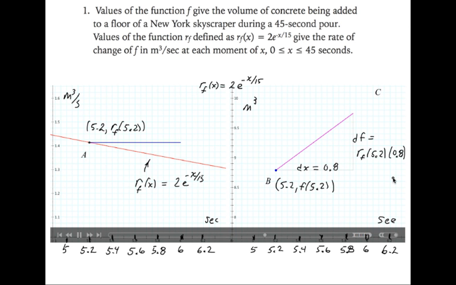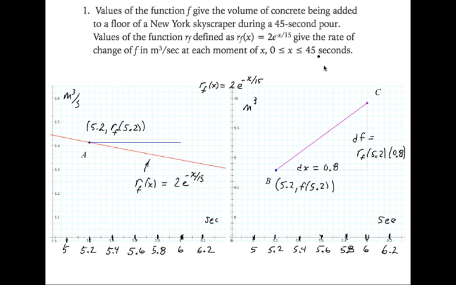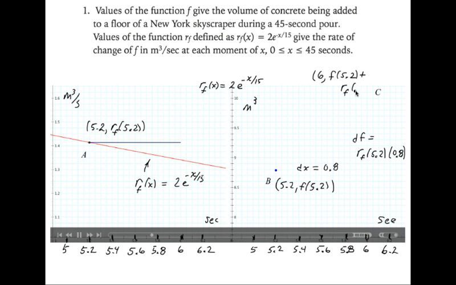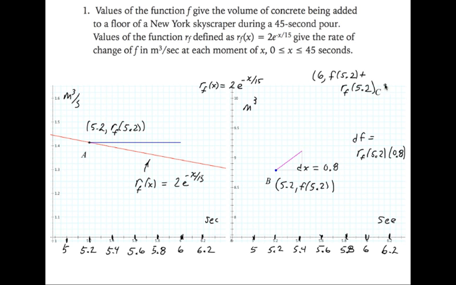Okay, the coordinates of point C are 6 and f of 5.2 plus this, r sub f of 5.2 times 0.8. Why is it not f of 6?